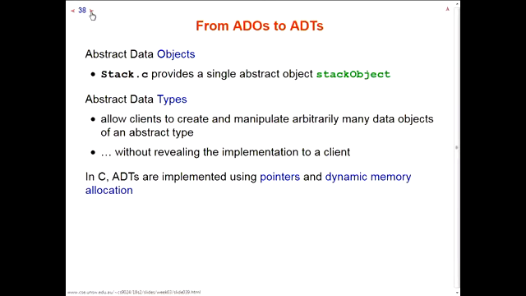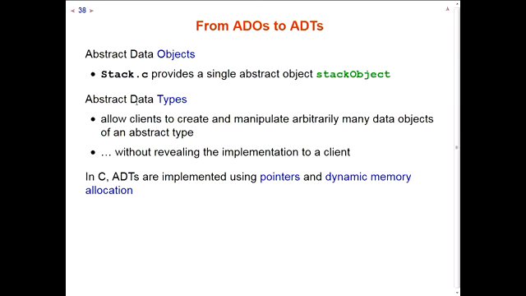Tick. And the last thing before I take another side step is to say that so far we have looked at abstract data objects, where we have defined exactly one and only one stack, a single abstract object. We will now also consider abstract data types, which are much more general in the sense that they allow clients to create and manipulate arbitrarily many data objects.